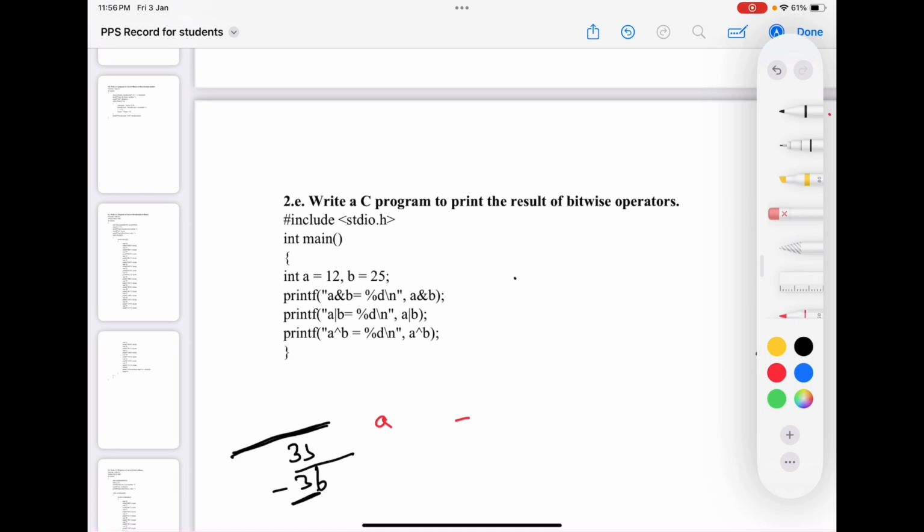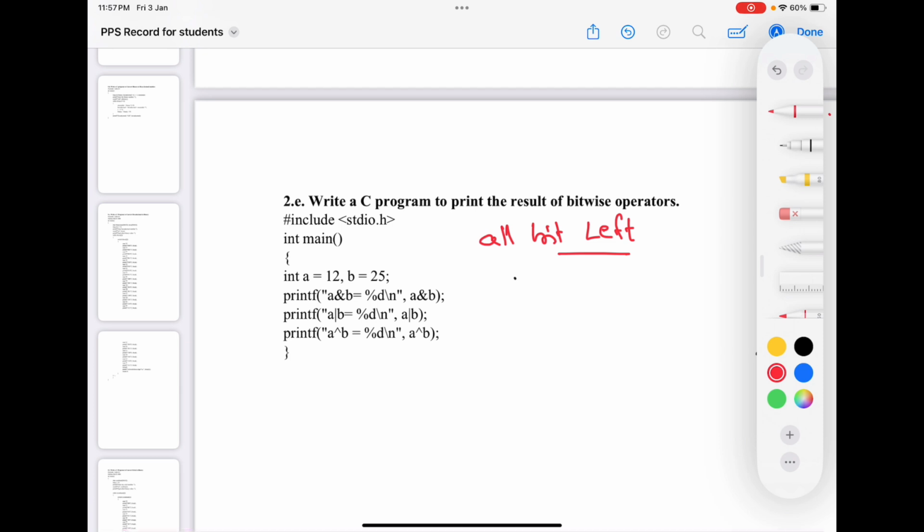Now, what are left shift and right shift? Now let's understand about left shift. The left shift operator shifts all the bits towards the left by a certain number of specified bits.